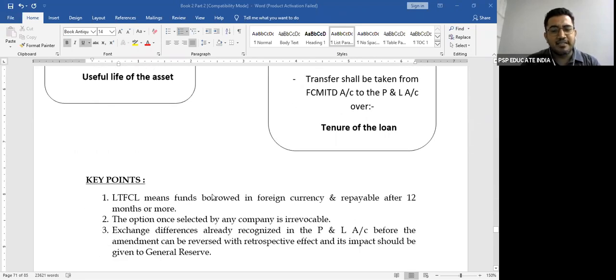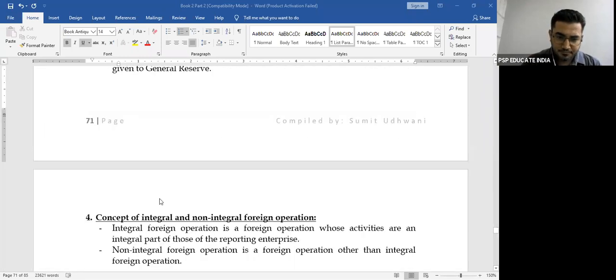Long-term foreign currency loan means loans borrowed for a period of 12 months or more, means they are repayable after 12 months or more. Option once exercised for a particular type of a loan or an asset, then you cannot revoke that. And exchange differences that have already been recognized to the P&L before this amendment, you can easily reverse them, and this time you will use the general reserve account.